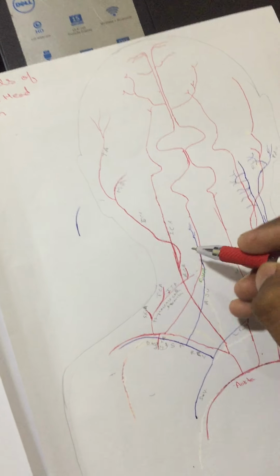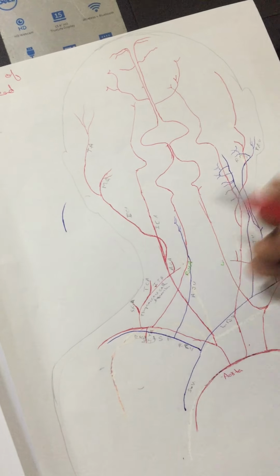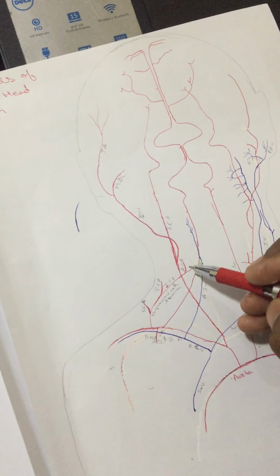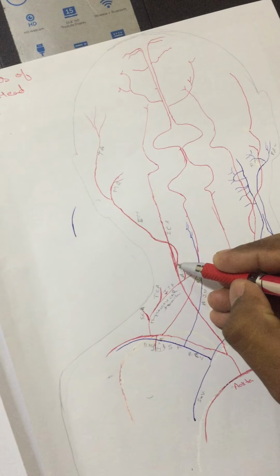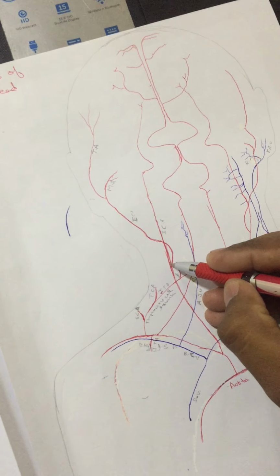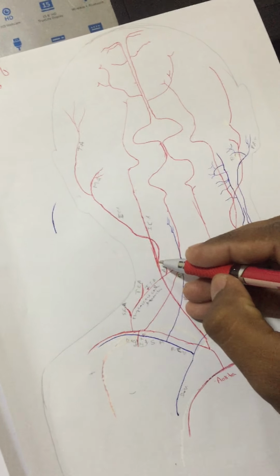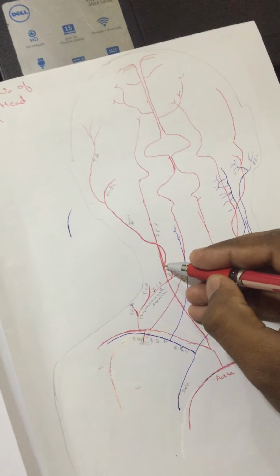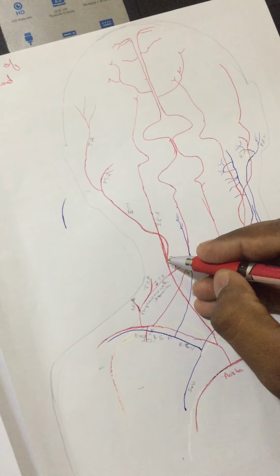And here in the carotid triangle or carotid sinus, the glossopharyngeal nerve is present, and in the carotid sinus, baroreceptors are present, which detect stretch as a measure of blood pressure, ma'am. So receptors are here, and the glossopharyngeal nerve is also here.